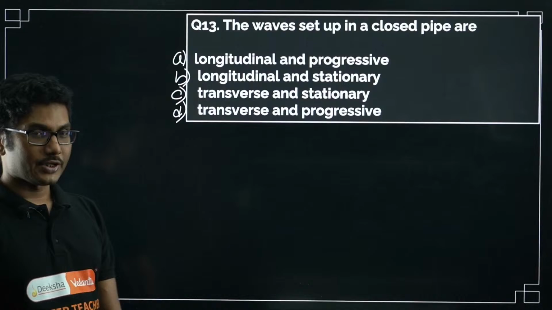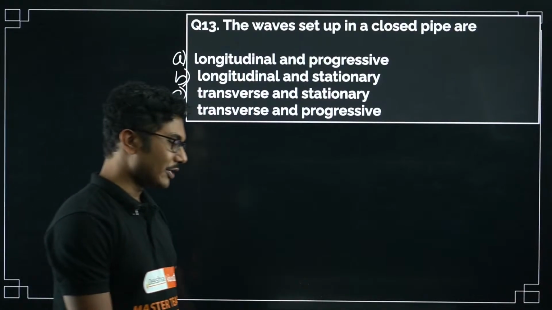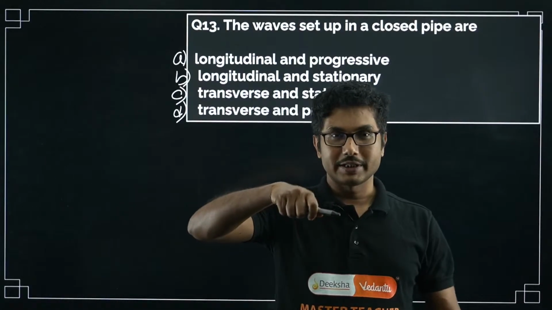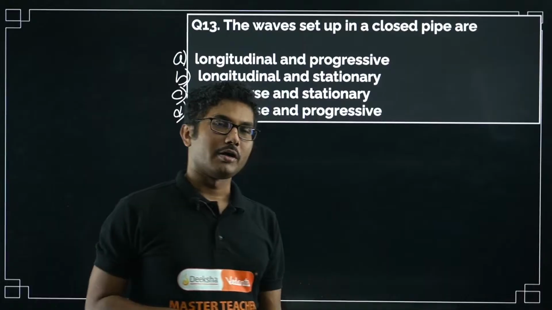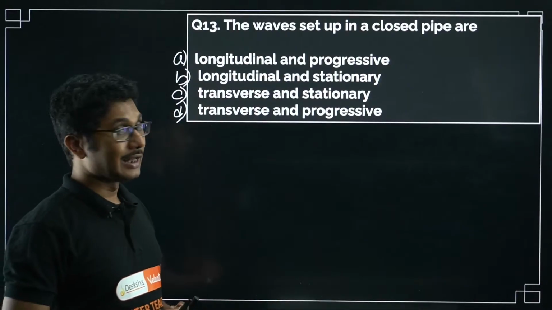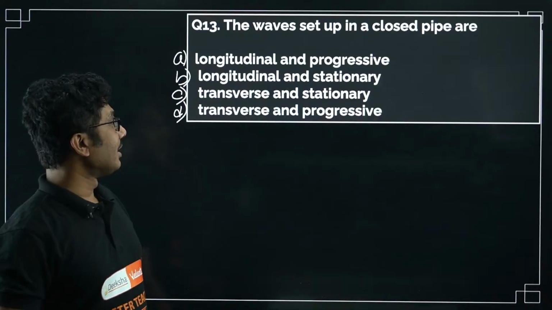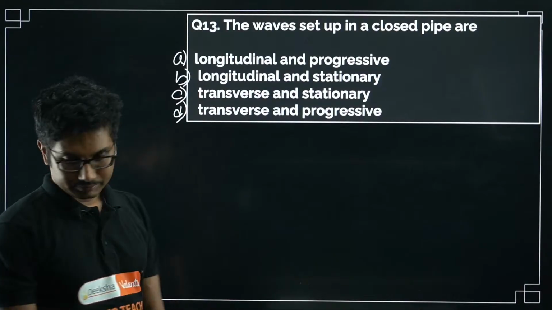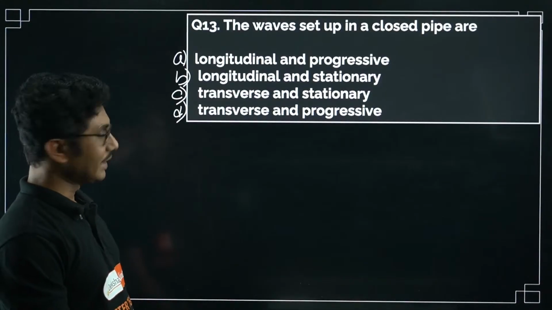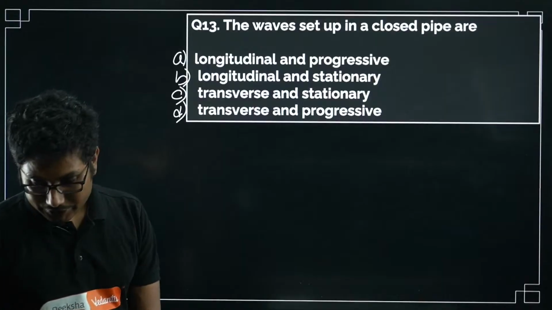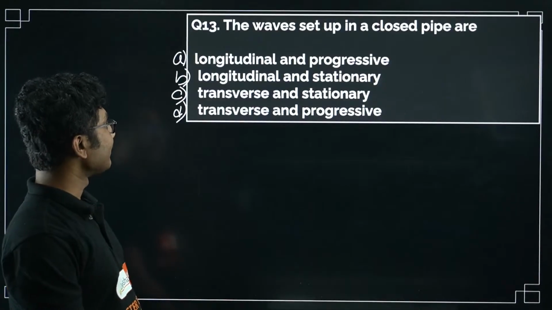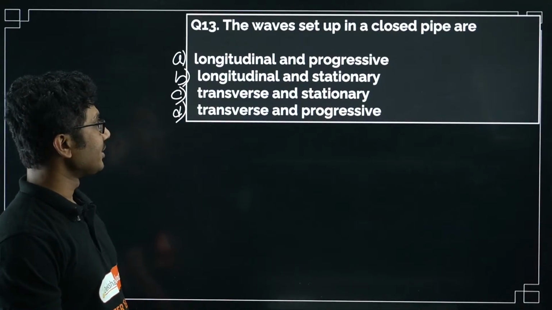Closed pipe, obviously sound. Closed pipe means you may be blowing air to create sound. So what is the nature of that sound wave? Question number 13, C, transverse and stationary.